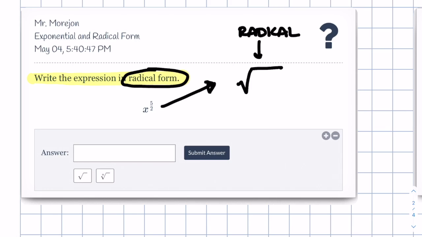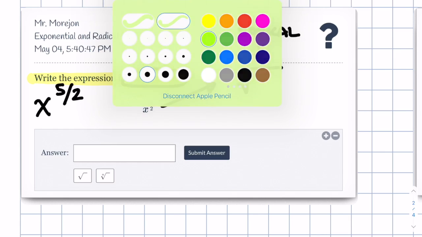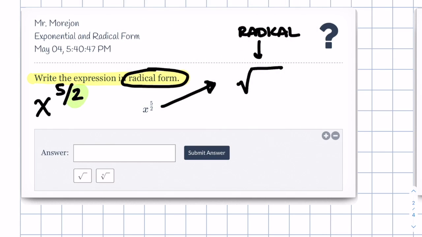Well, you notice that you have x to the 5 over 2, right? And I just told you how to interpret that number at the bottom. So this becomes our root. Okay, so if I'm coming over here, I know that this is going to be 2. We don't have to write 2 if it's a square root.